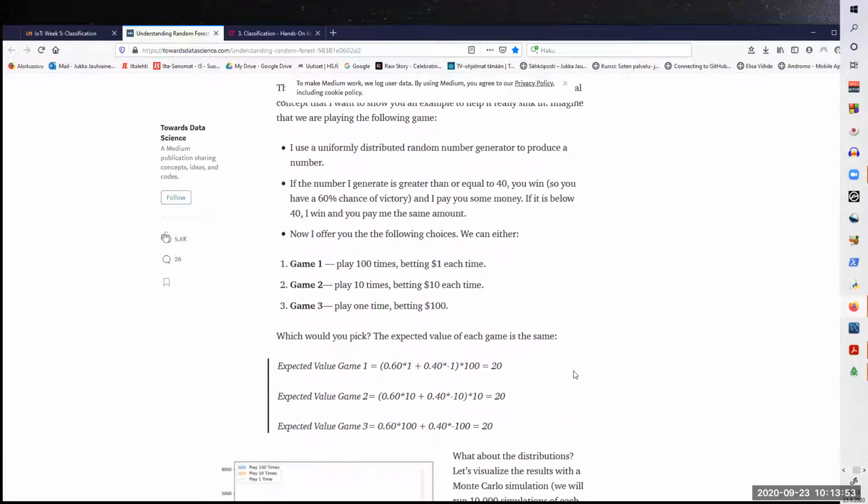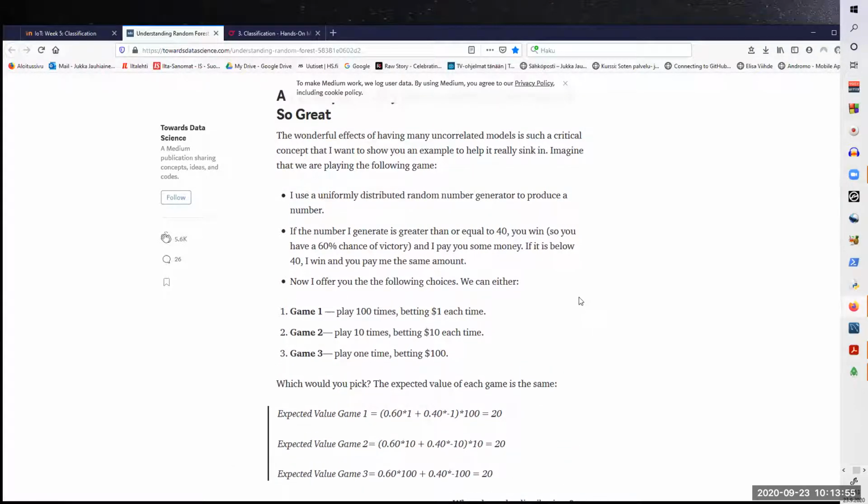So let's take another example. A very simple game. We have a uniformly distributed random number generator which produces a number from 1 to 100.